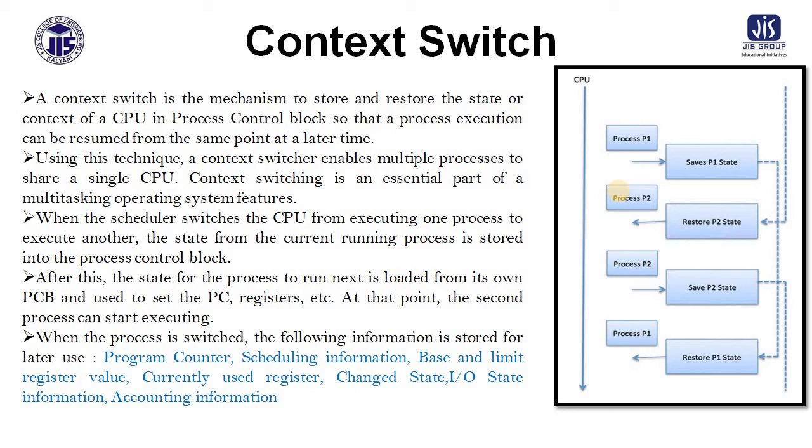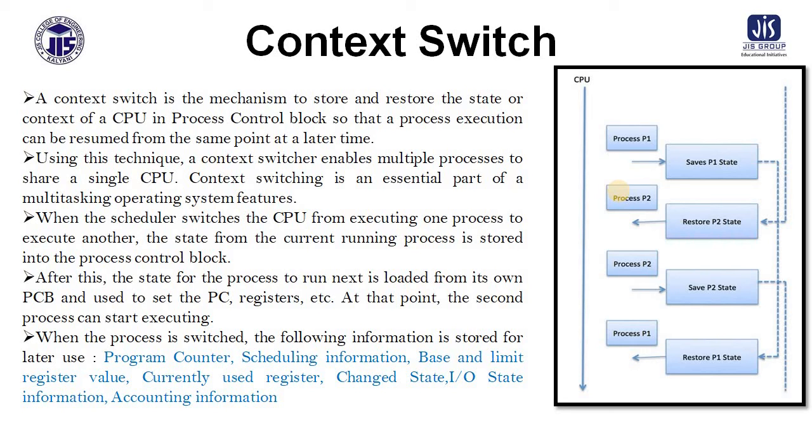When the scheduler switches the CPU from executing one process to another, the state of the current running process is stored into the process control block. After this, the state of the process to run is loaded from its own PCB and used to set the program counter, registers, etc. At that point, the second process can start executing.